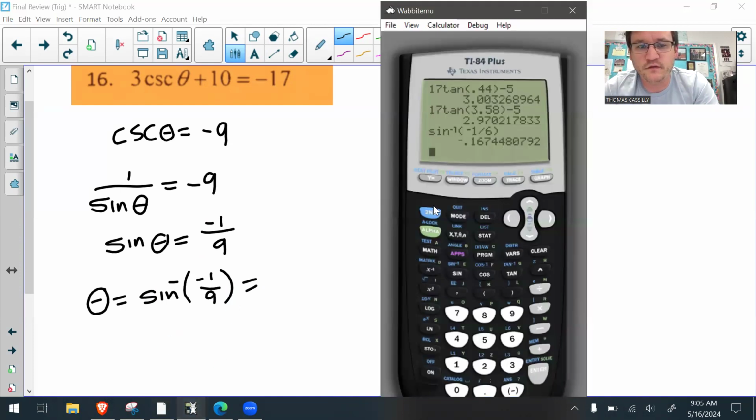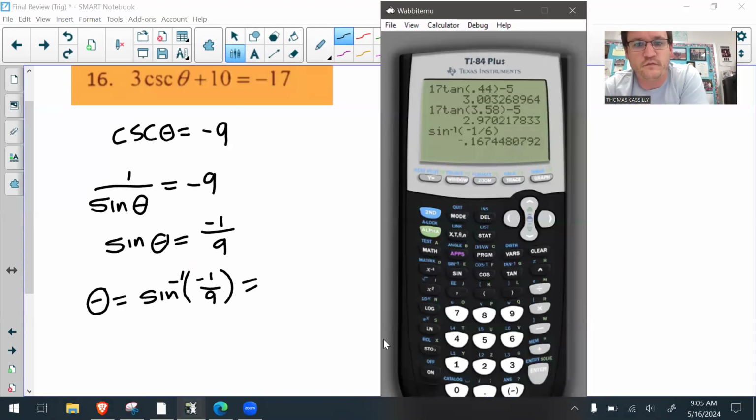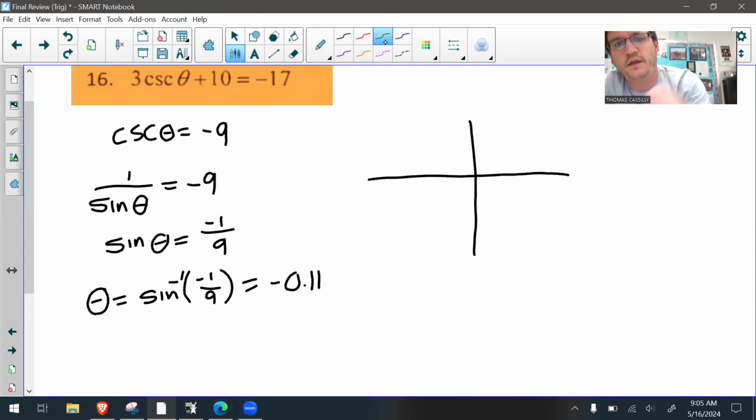No idea what that is, so let's plug it in. Again, these are radians, so it's -0.11. That gives us a reference angle of 0.11.